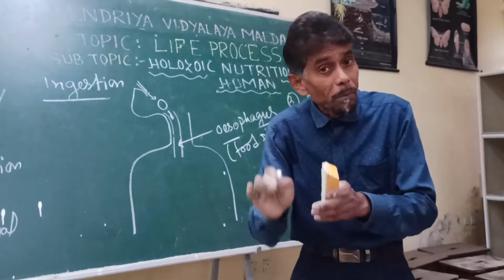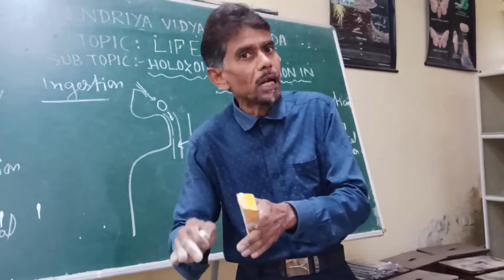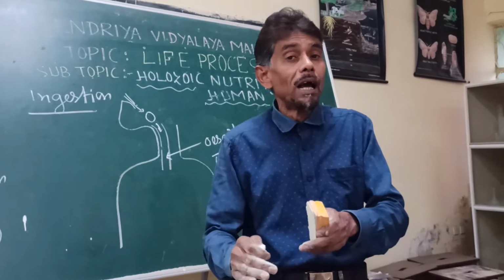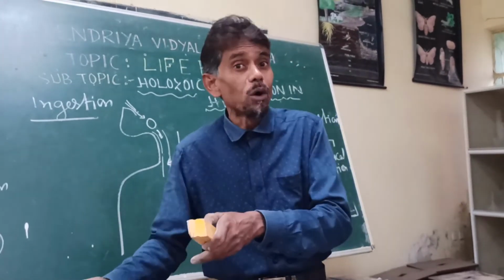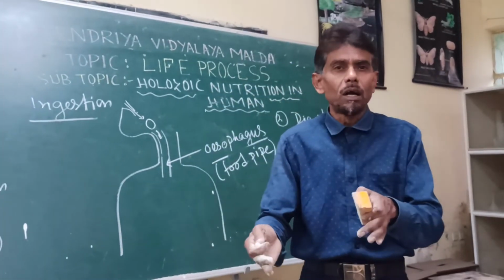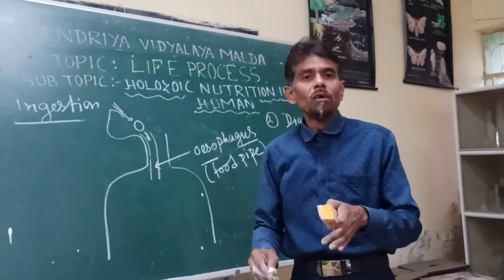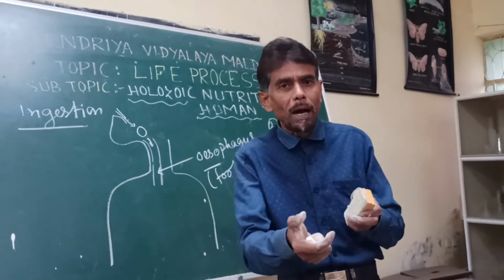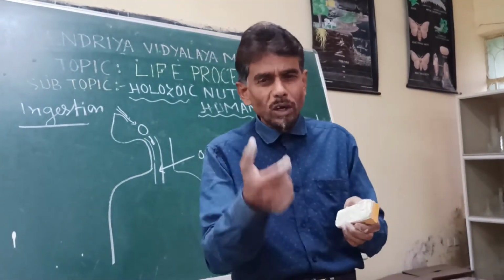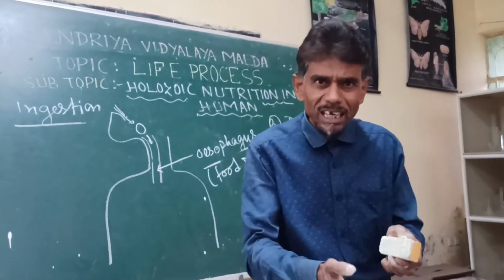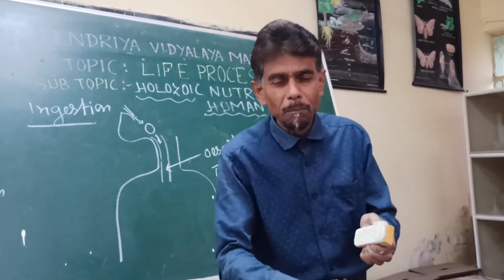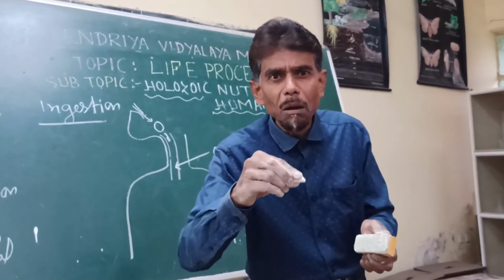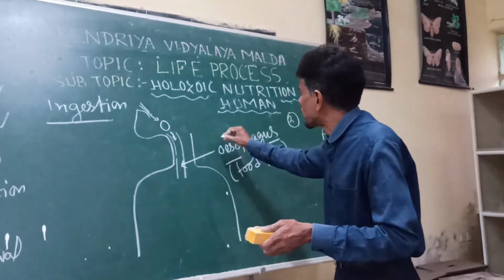In order to prevent the entry of food particles into the windpipe, otherwise a very serious hazard will occur, the mouth of the windpipe, which we call the glottis, is covered by a thin flap of cartilage.